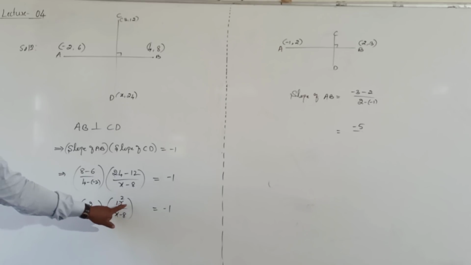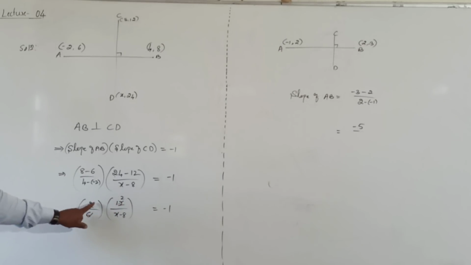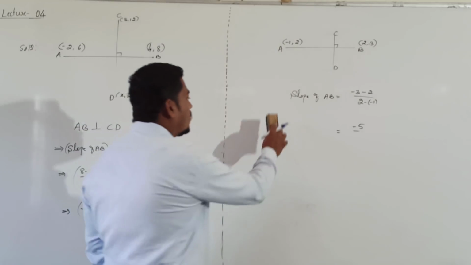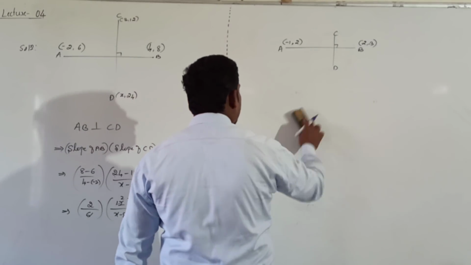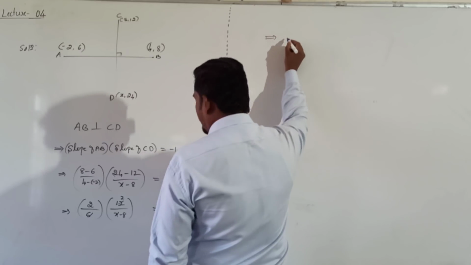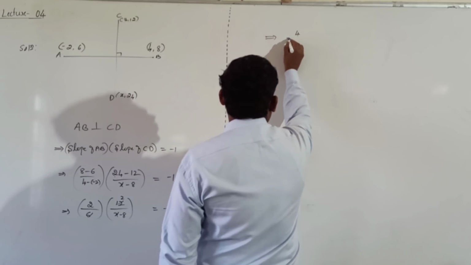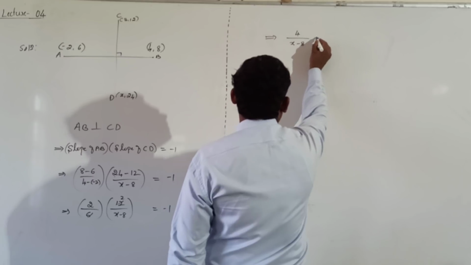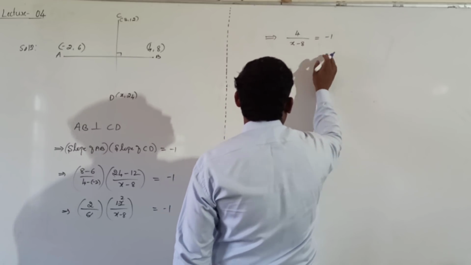Then 2 into 2 is 4. So 4 divided by x minus 8 equal to -1, right? On simplification, it gives 4 divided by x minus 8 is equal to -1.